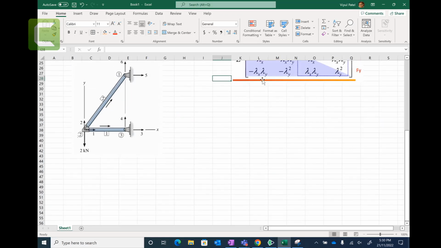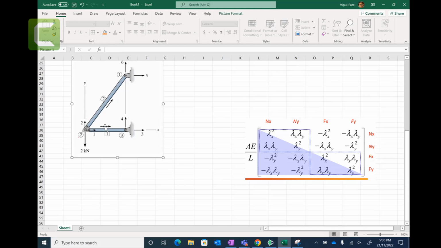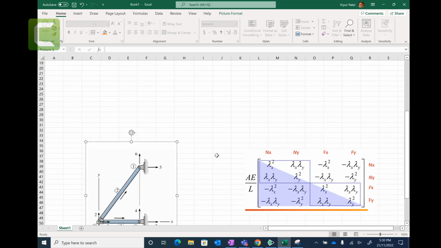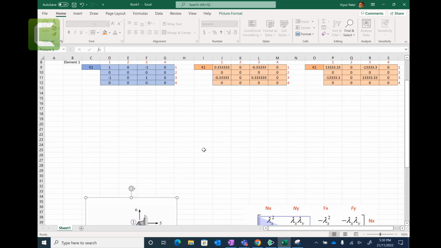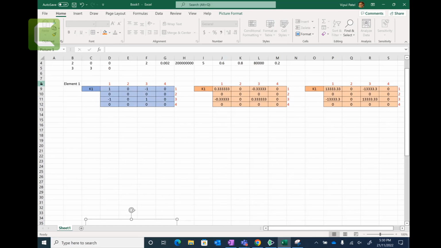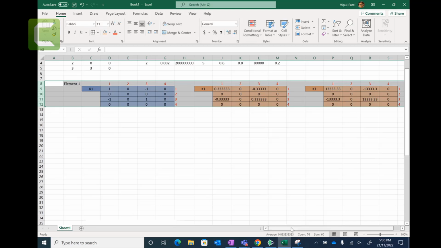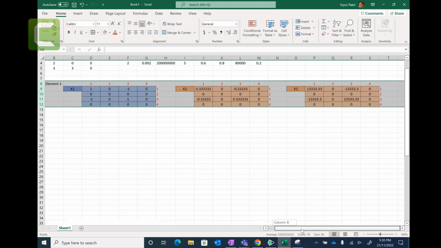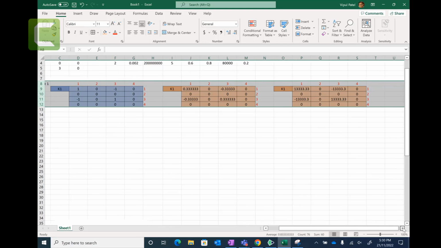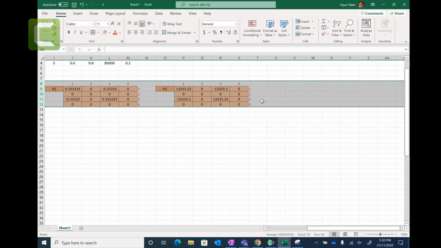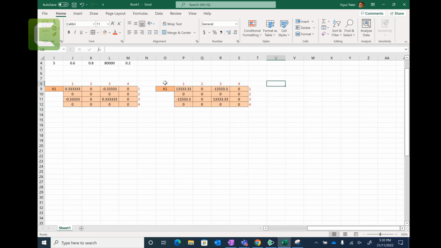I think we are very close to finishing, but stay back for 5 minutes. We are going to finish soon. Now, look at the magic here. That's the beauty of it. So if I want to do these ones, I think we need to make it a 6 by 6 matrix, because we need a 6 by 6 matrix at the end. So let's do this.